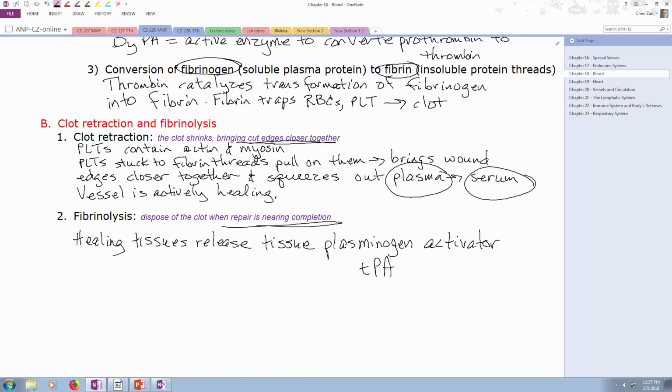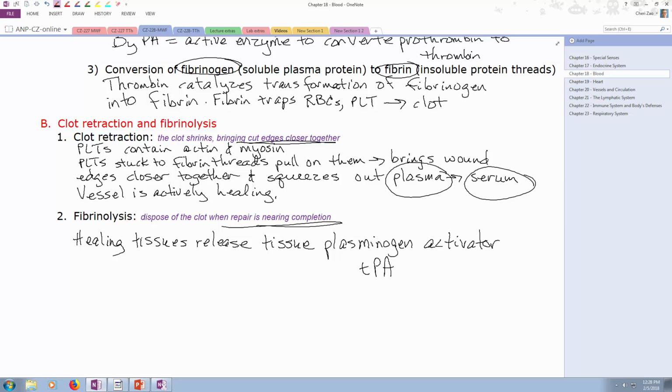Yes? So does that cause, number one, the clot retraction? TPA does not cause clot retraction. Clot retraction is getting smaller. How does it get smaller? The platelets are pulling on the fibrin threads, causing everything to come together and squeezing out the plasma, which we now call serum.